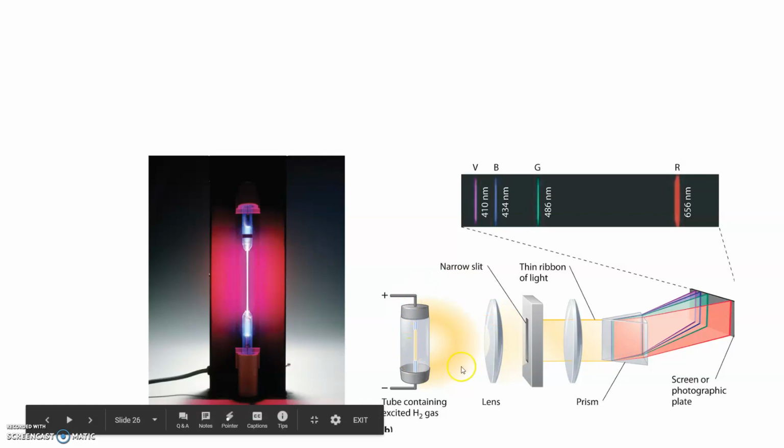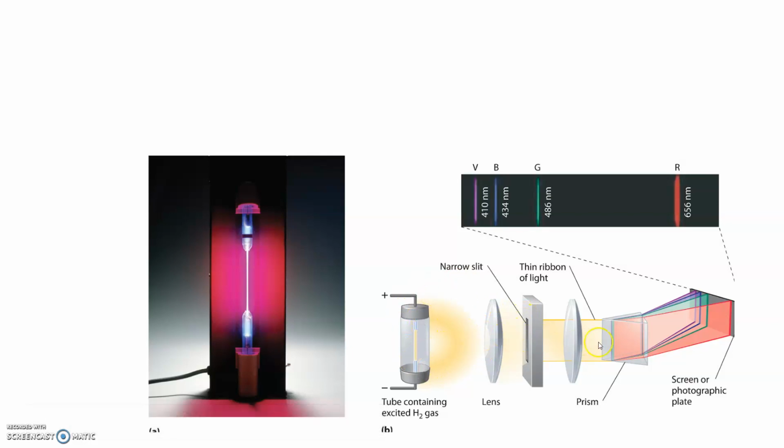The light given off was analyzed through spectroscopy. It was passed through a prism and broken down into its component wavelengths. And they noticed that there were discrete energy gaps depending on the element. So hydrogen had a certain pattern, helium had another pattern, etc.